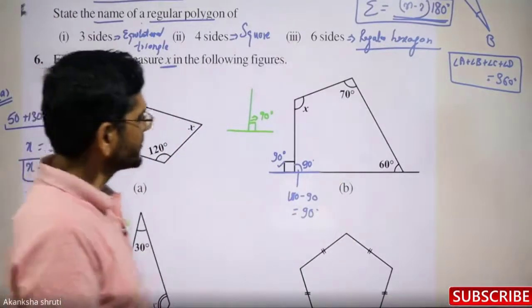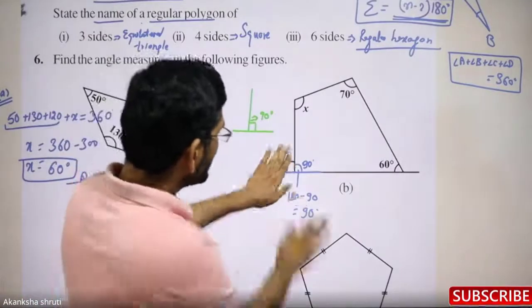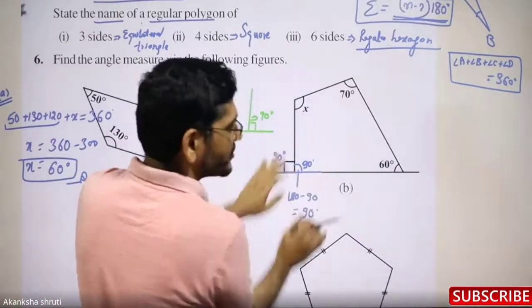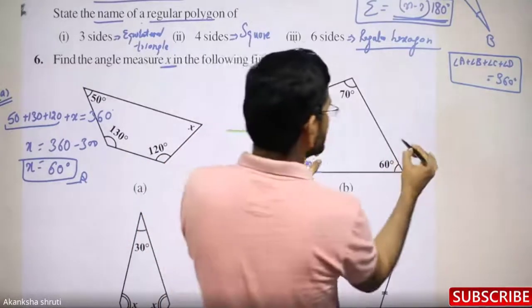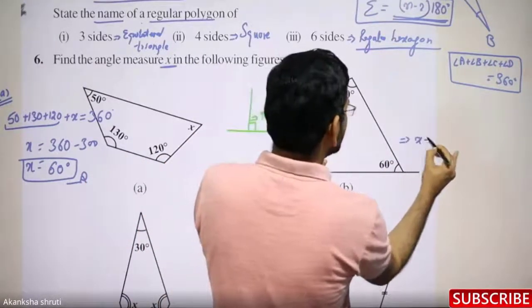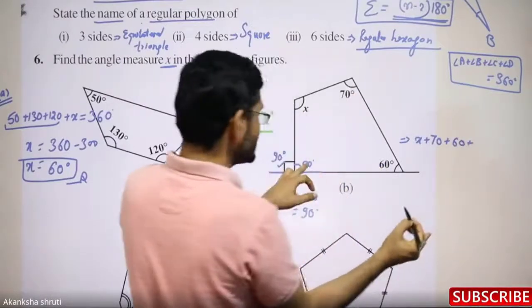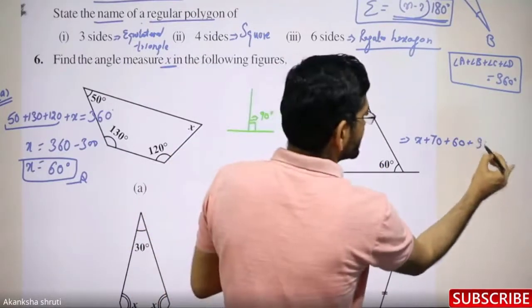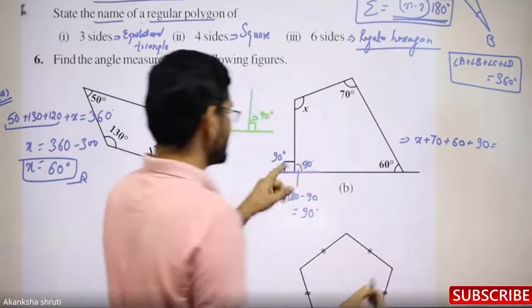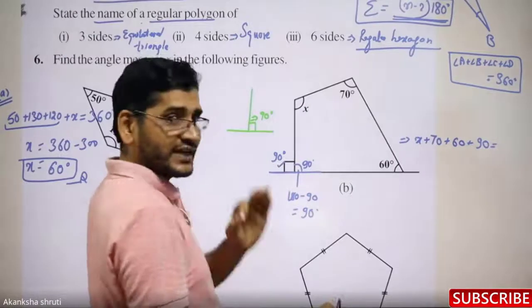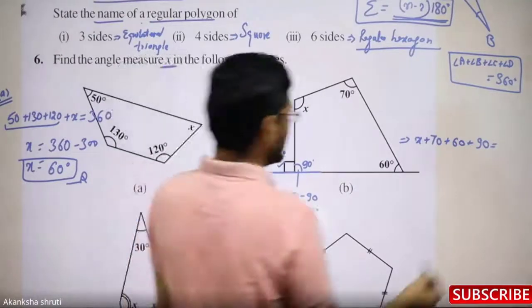Okay, students? Now we have to consider this x, 70, 60 and this 90. So here in this case, we have x plus 70 plus 60 plus 90. The symbol signifies it is 90 degrees. With the help of this symbol, I have calculated this one using the linear pair or straight angle concept.